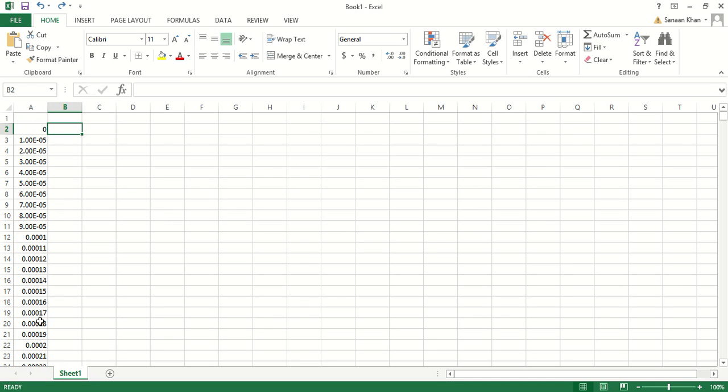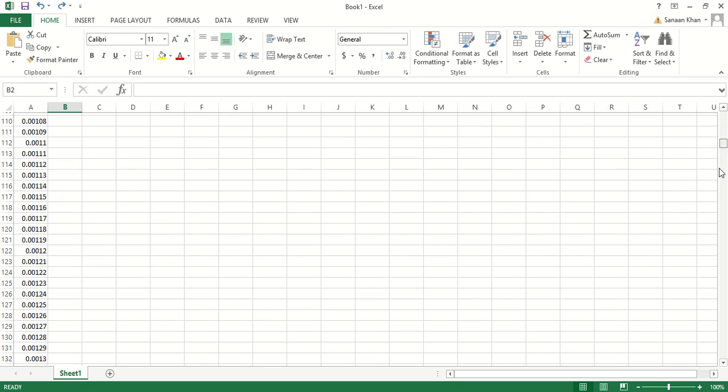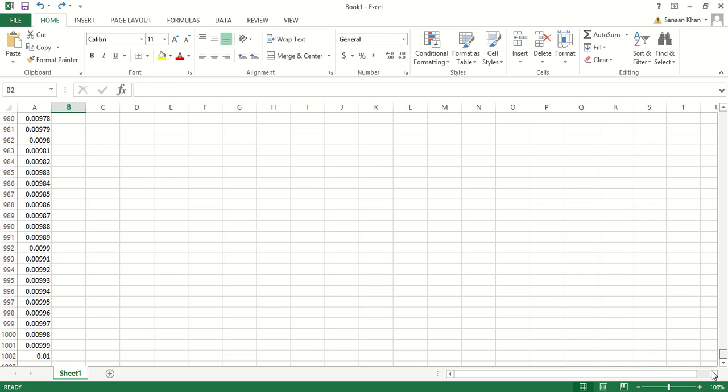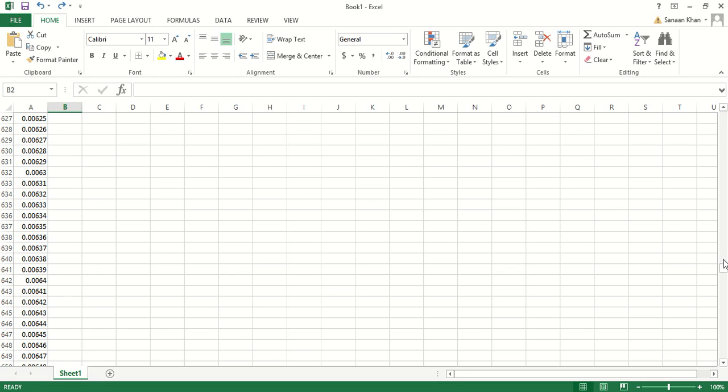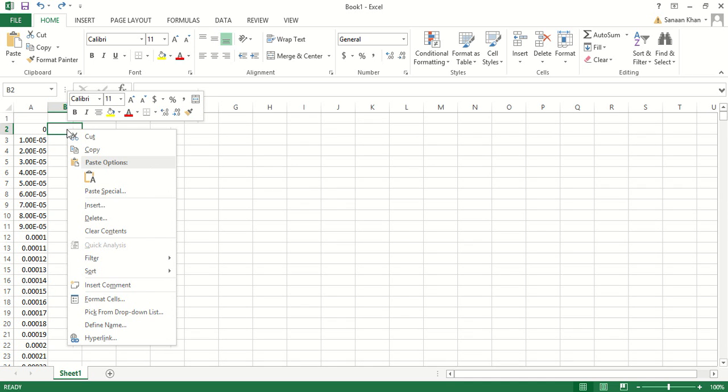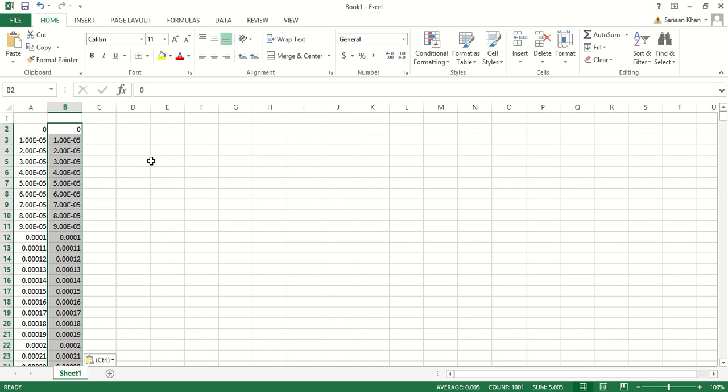This is how the x data is created, and similarly create the y data also. So this will give you time till 0.01, and this will be your amplitude. So this is the time column till 0.01. What is your amplitude? Now in the y direction, your amplitude according to which your load or displacement is applied. Paste special, yes, it came now.